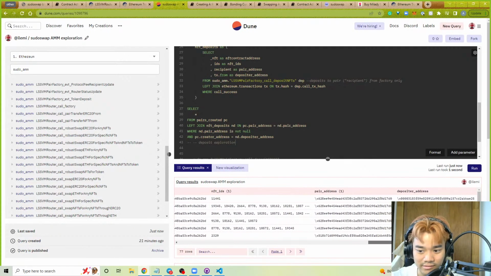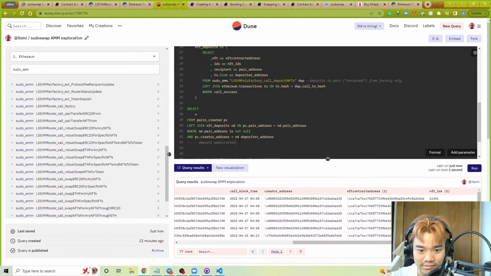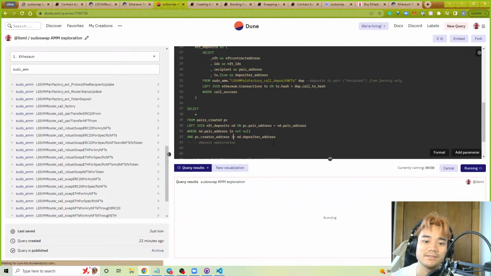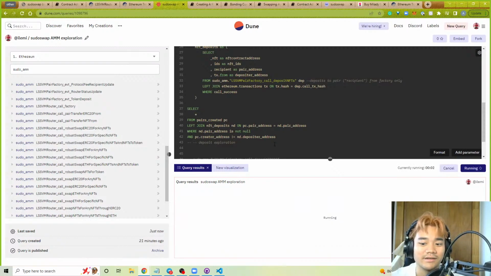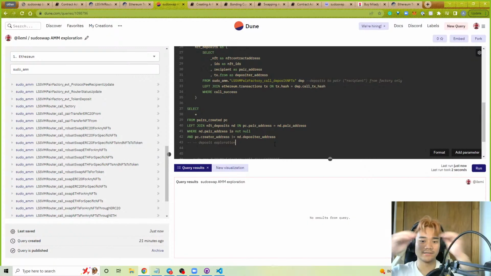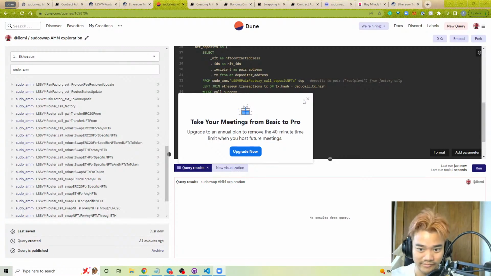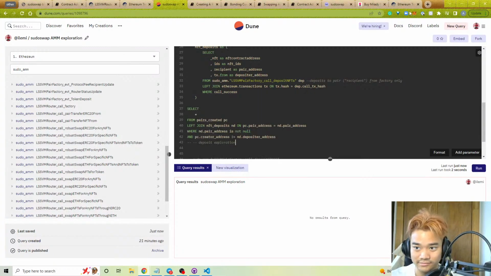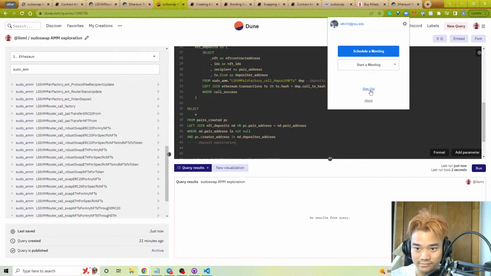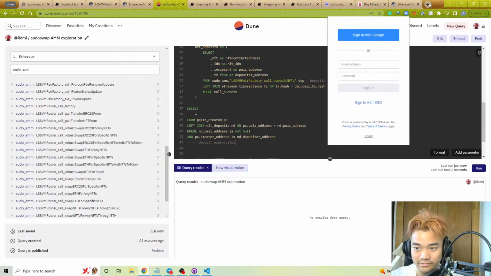Okay. So there are people who deposit, who are the creators who deposit into the pool. Is there anyone who's not the creator that deposit into a pool? Okay, so uh-oh. Hold on.